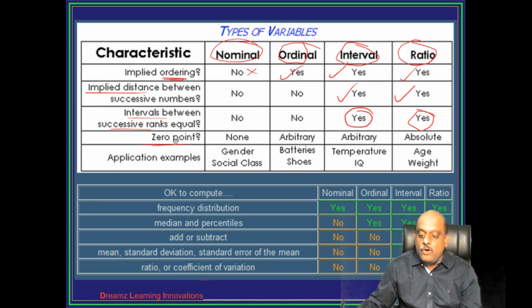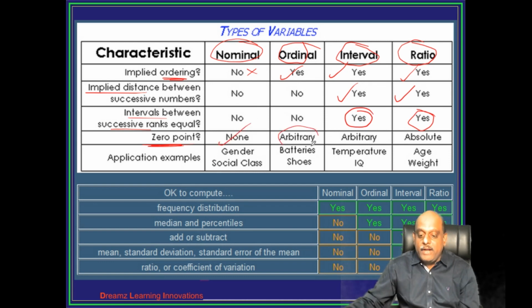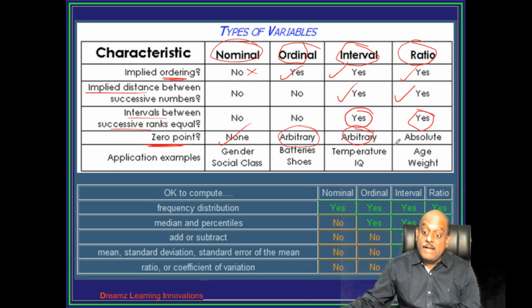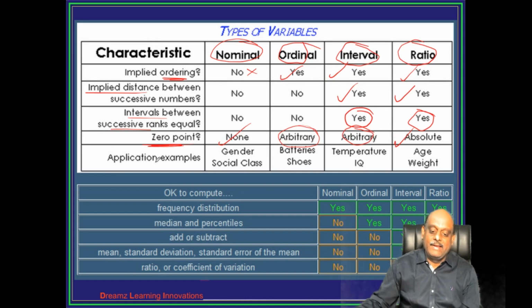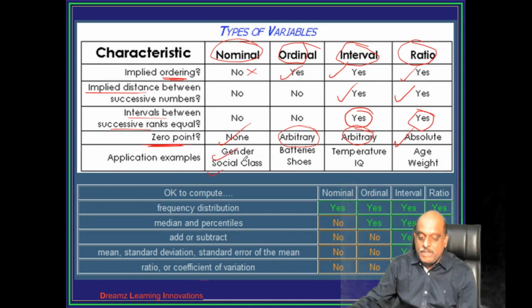Is there any 0 point? There is no 0 point in nominal. In ordinal and interval it is arbitrary, but there is an absolute 0 in case of ratio scale, right? Now, what is the best example of nominal? Gender, social class.